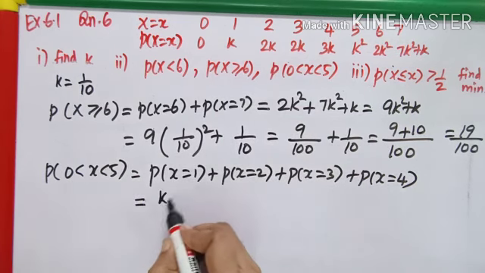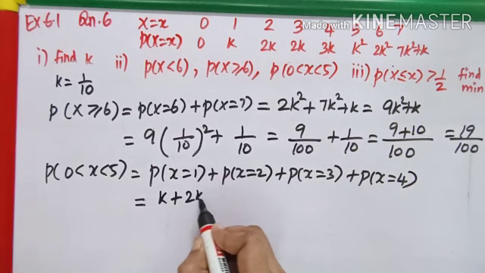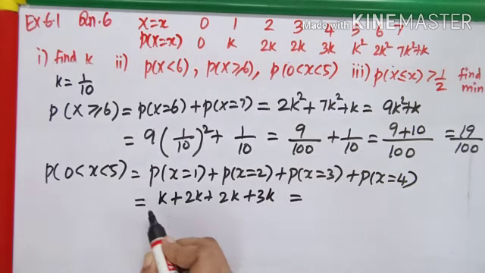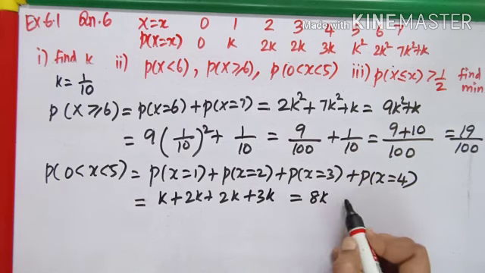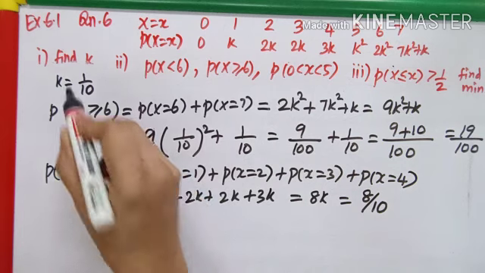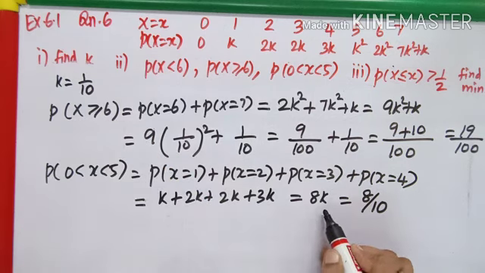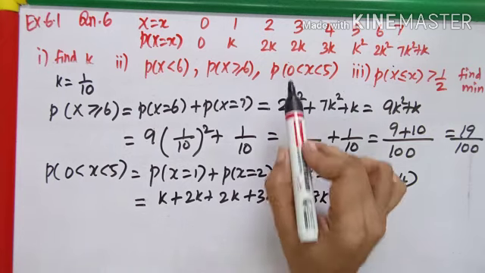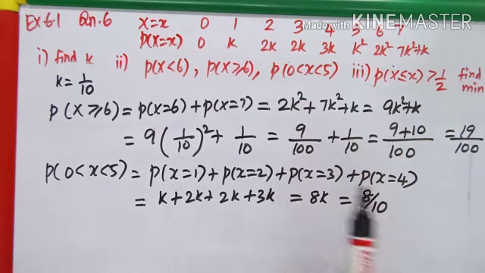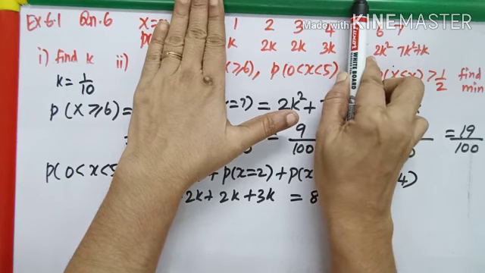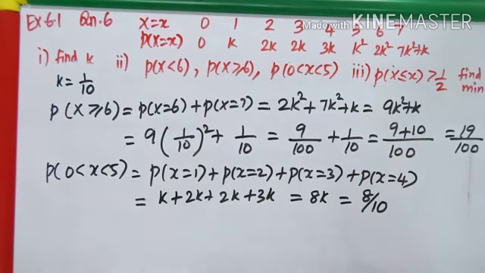My answer is k, 2k, 2k plus 3k, adding which we get 8k, and it is 8 by 10. K value is 1 by 10. 8 into 1 by 10 is 8 by 10. Let us see, when they give you 0 to 5, avoid 0 and 5. Which are the values in between? 1, 2, 3, 4. Add them, write the answer.